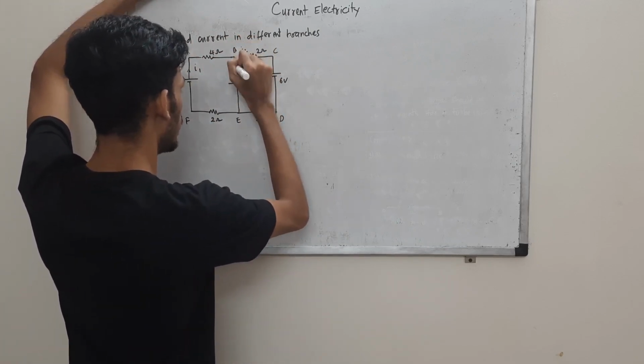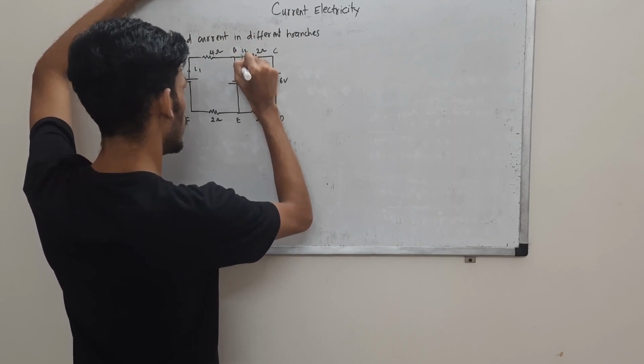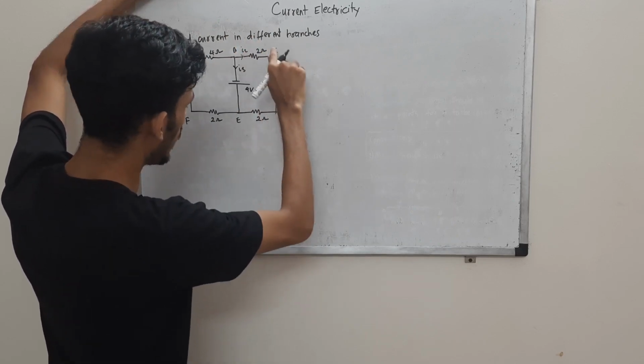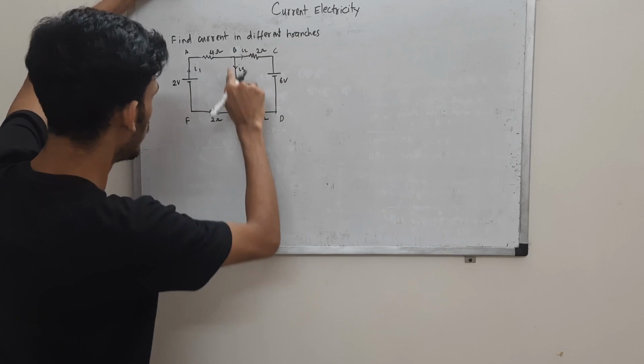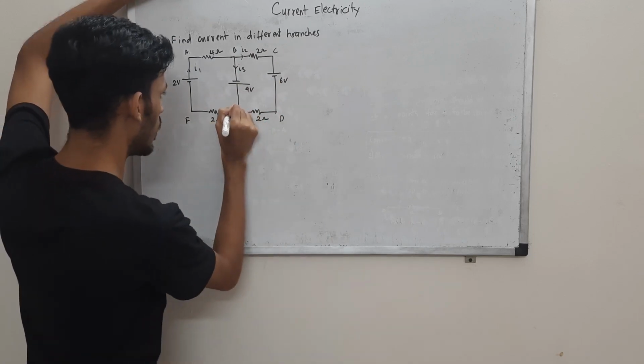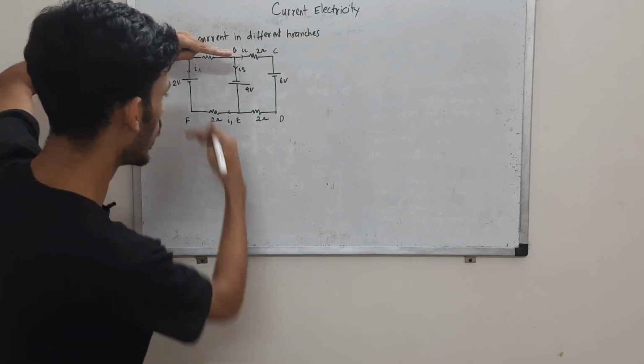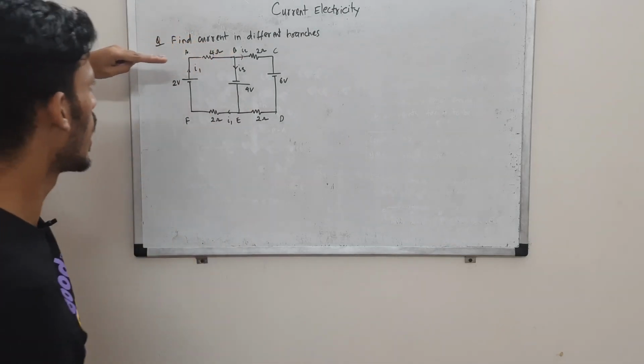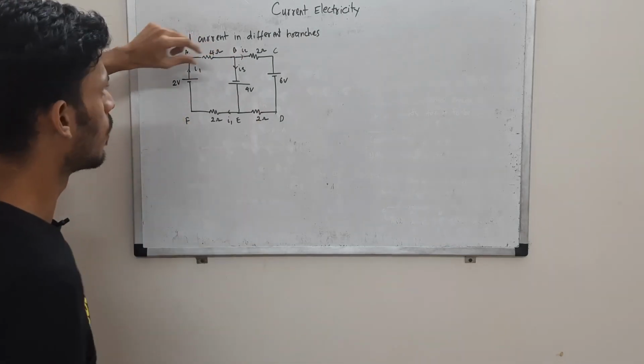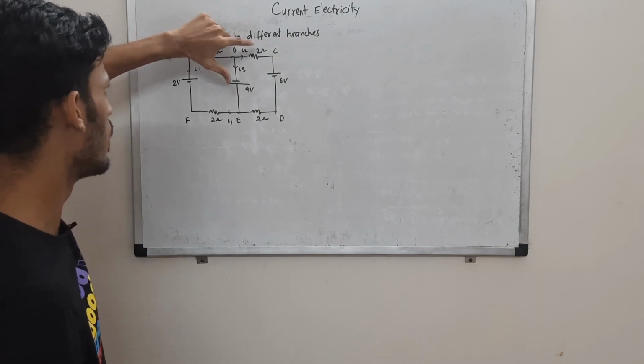I2 goes in this part of the circuit, and I2 and I3 again become I1 over here. There is no accumulation of charge. I1 is going inside, I1 is coming out. It is splitting into I2 and I3.